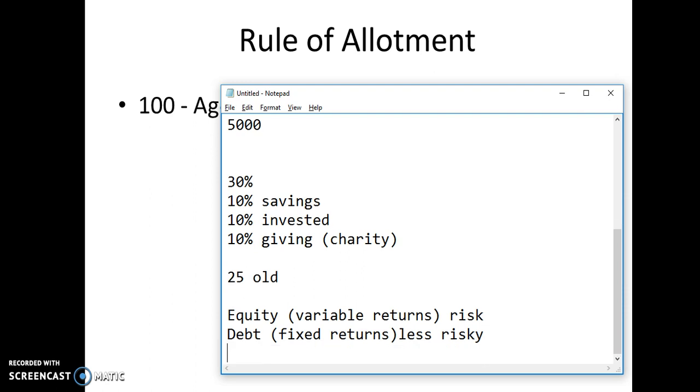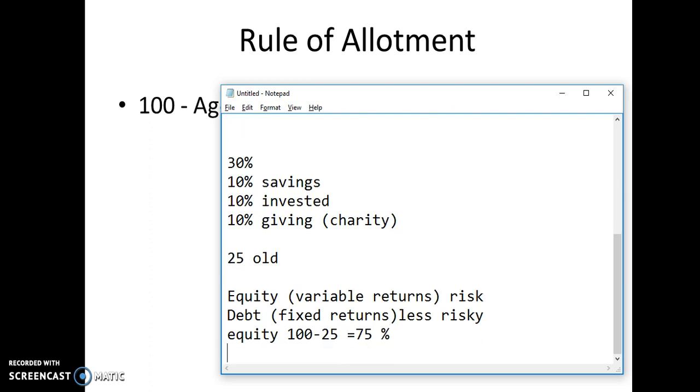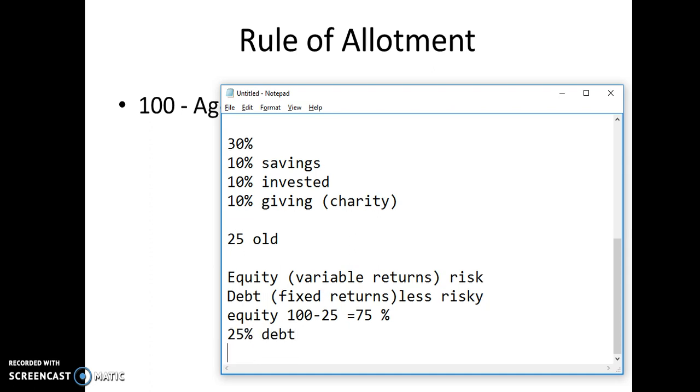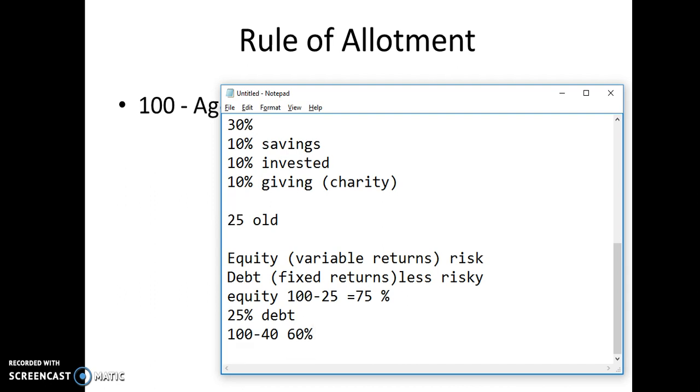The rule of allotment says that your equity holding should be 100 minus your age. So if you are 25 years old, it should be 75%. So 75% of your investment should be in equity and 25% in debt. As your age increases, for a 40-year-old person, 60% should be in equity and 40% in debt.